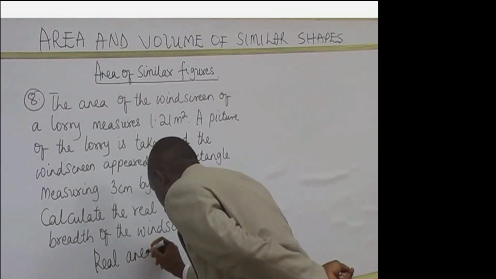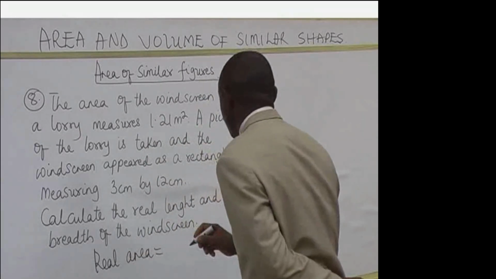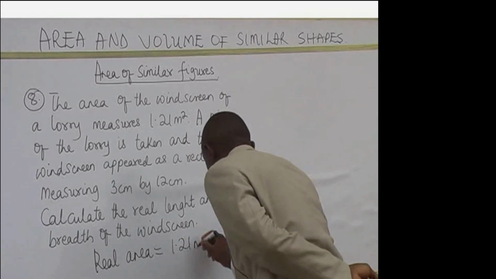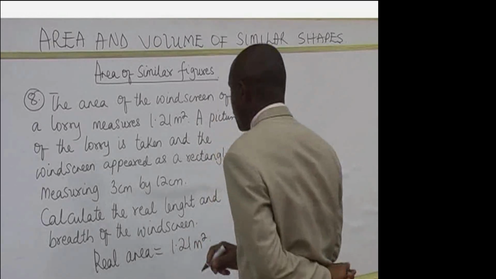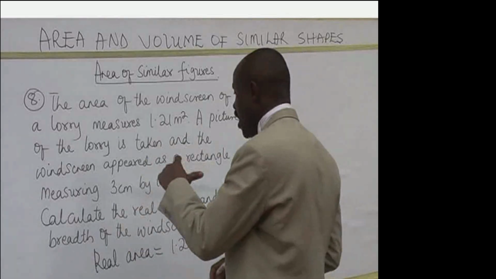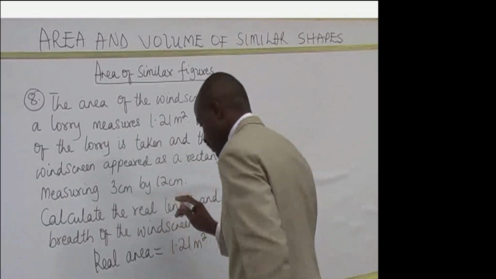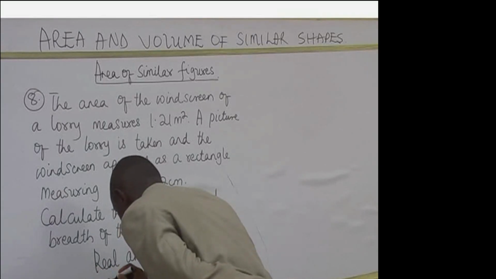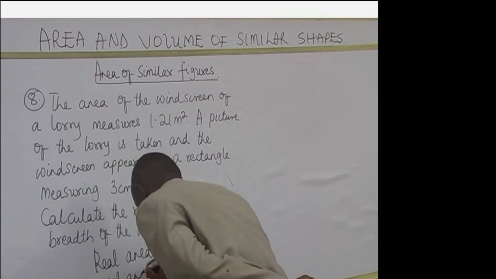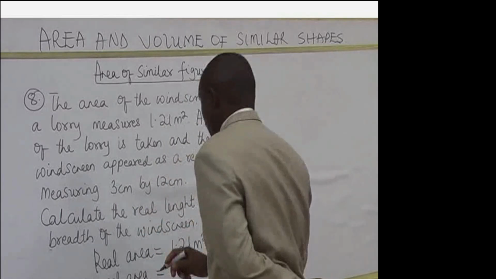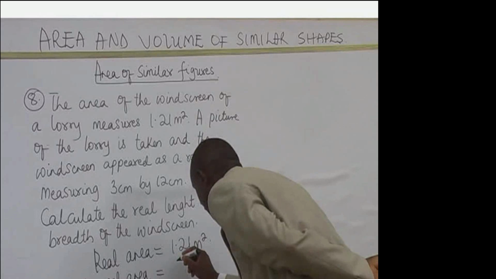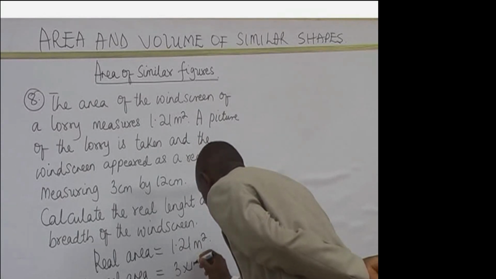Real area is equal to 1.21 meters squared. Then the area of the windscreen in the picture is going to be 3 by 12. That is 3 times 12.